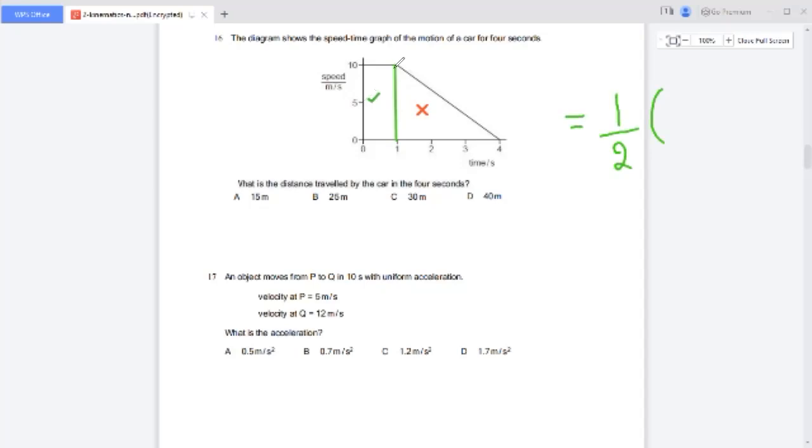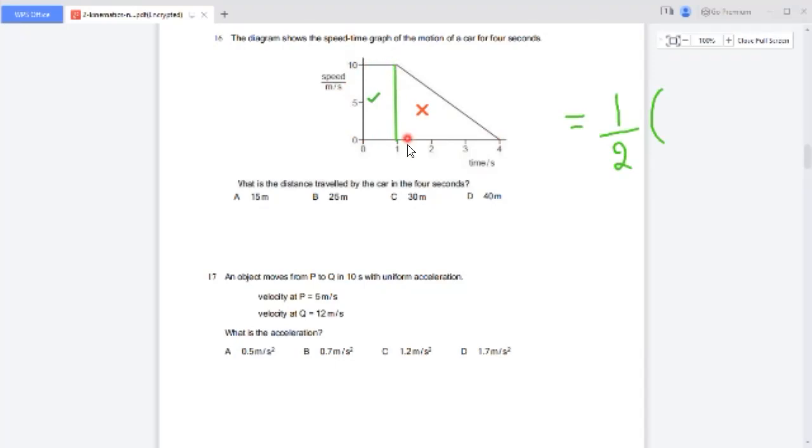This side and this side are both parallel to each other, they represent time, because speed is constant.